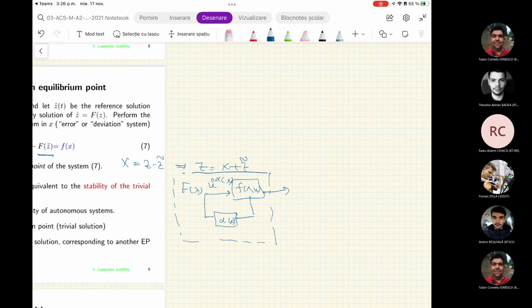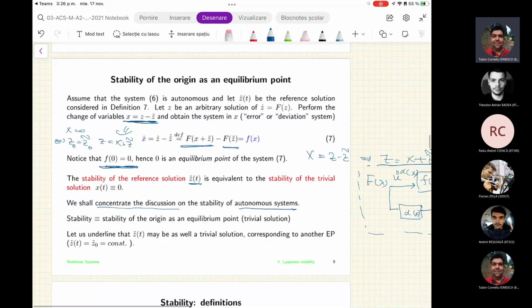So if you pick a state feedback, then the closed loop system is an autonomous system. So it makes total sense to discuss the stability of autonomous systems.